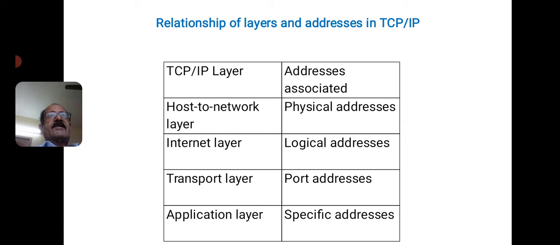Each type of address is related to a different layer. That layer deals with these addresses. Physical addresses operate in the host to network layer, logical addresses in the internet layer, port addresses in the transport layer, and specific addresses in the application layer.